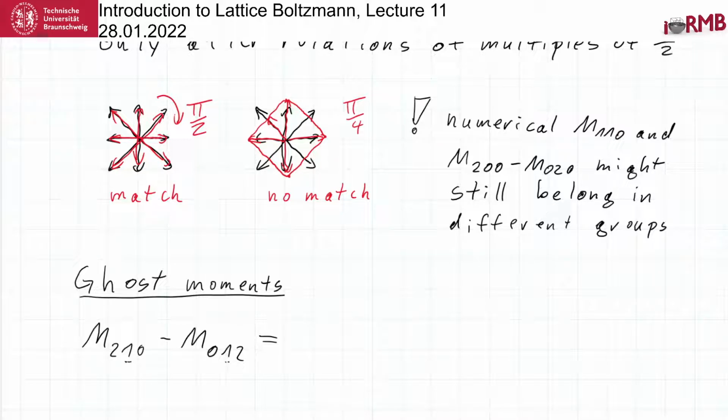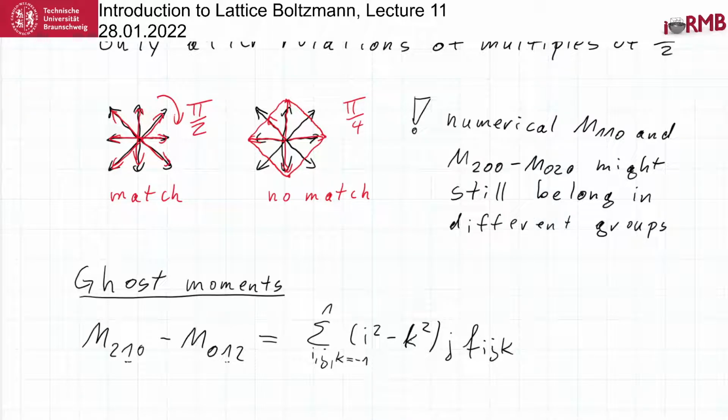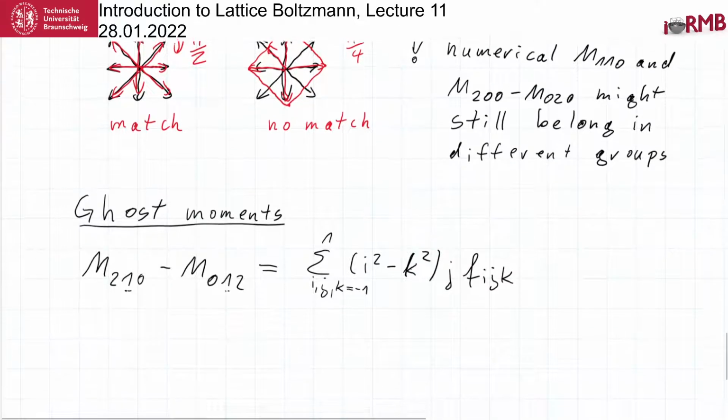So we could combine them in this way, for example, and this would be the sum over ijk equal from minus 1 to 1 of (i squared minus k squared) times j, f_ijk. So what happens to this guy when we rotate it?